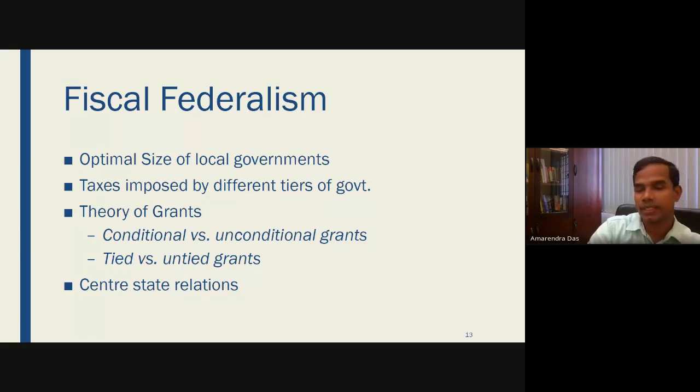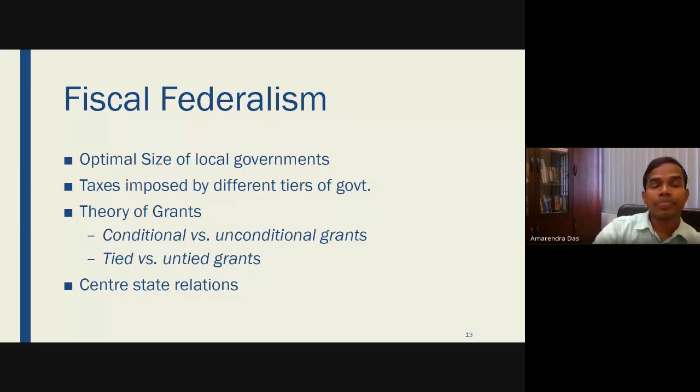Of course, in the division of power, there is only the union list, state list, and concurrent list. It doesn't talk about the local government. But for that, we had separate amendments, the 73rd and 74th Constitutional Amendments. So those are discussed.